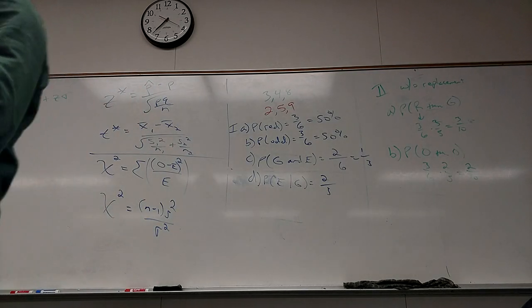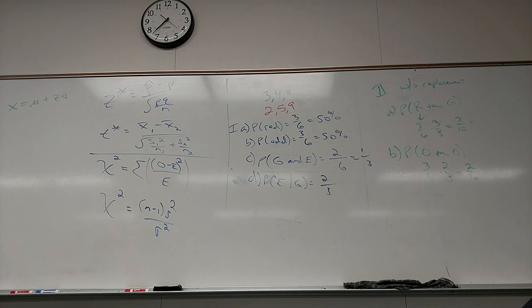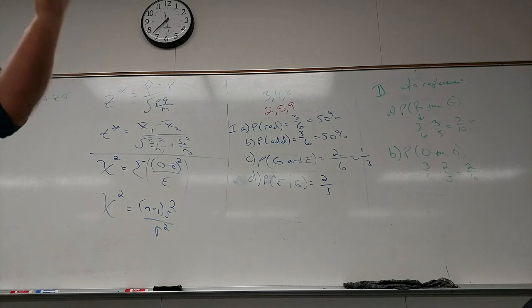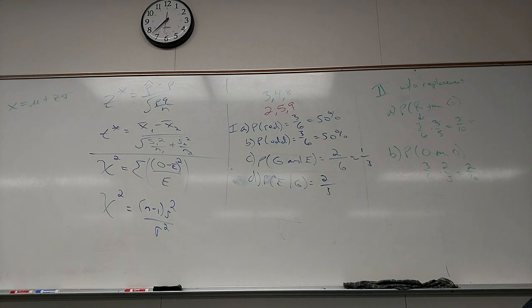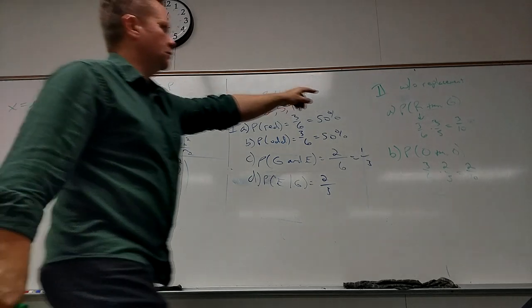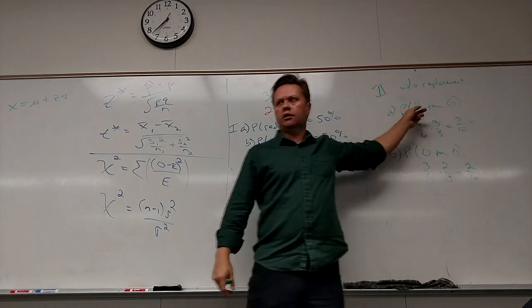Is that cool? So when I pick 2 things, you're going to be multiplying. And then how the other one changes is based on if it's with or without replacement. Is it the thing I lost or not? See, this one didn't change because I didn't lose a green. I lost a red.